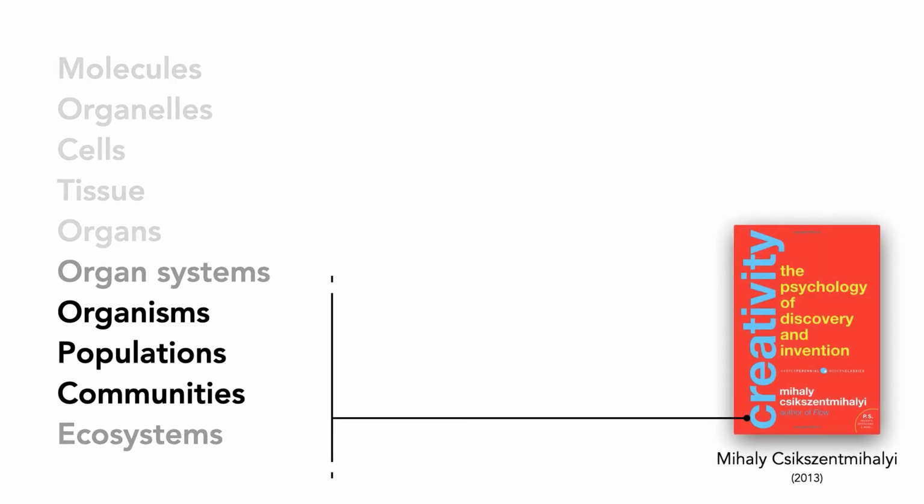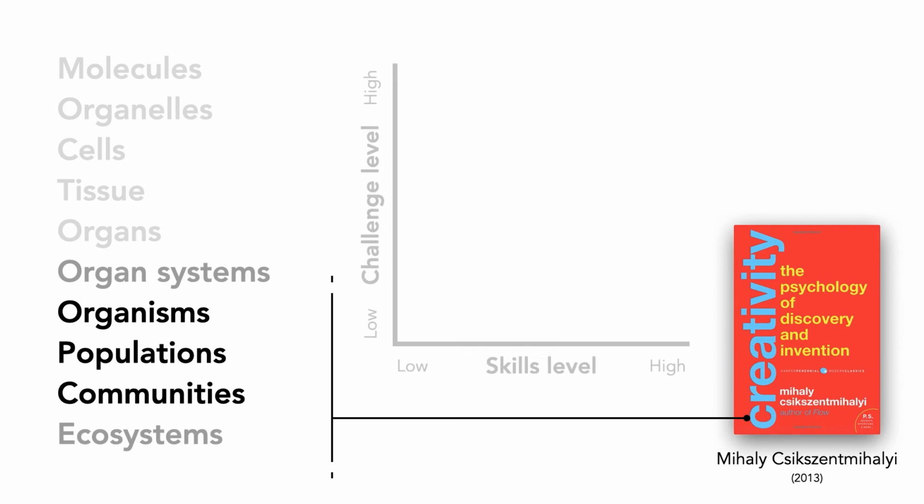Then we come to the final author, Csikszentmihalyi, who is one of the founders of the positive psychology research field. And he wrote this book about the psychology of discovery and invention in 2013.